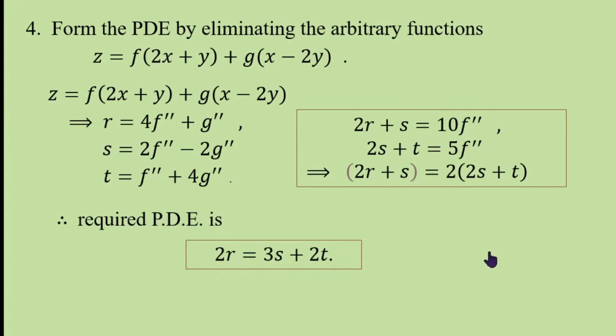So this is the required PDE. So it's a very simple technique to find the partial differential equations of the type z equal to f of (ax plus b) plus g of (cx plus d).